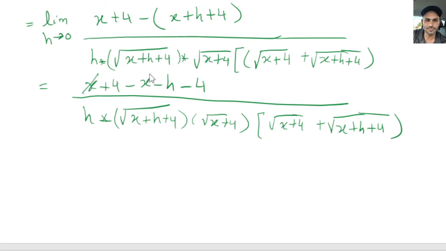This x cancels this negative x, this negative 4 and 4 cancel out, so you're left with negative h here and h here in the denominator.